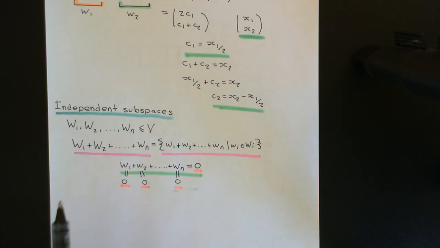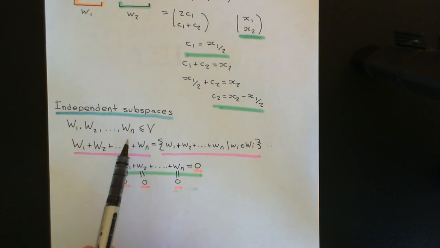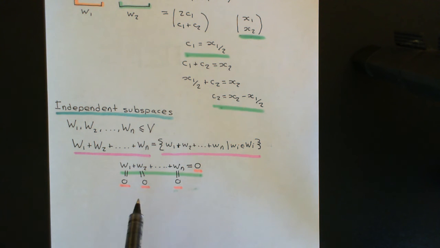If these subspaces, capital W1, capital W2, all the way up to capital Wn, are going to be independent subspaces, that has to be the only way. There cannot be a non-trivial combination of vectors from these n subspaces which gives you the zero vector.